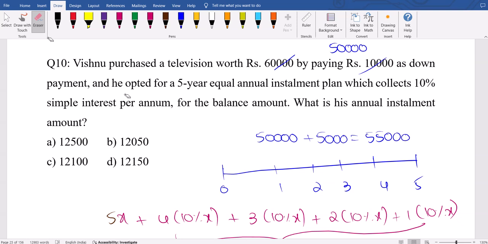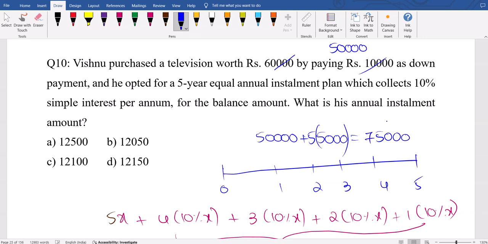When you pay 10,000 as a down payment, payment pending is 50,000. For 50,000, 10% simple interest. Perfect. Here, find this 10% for 5 years. Here I written wrong, 5 into 5,000. This will become 75,000.